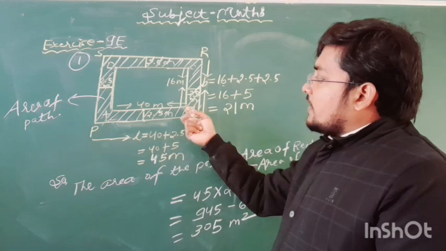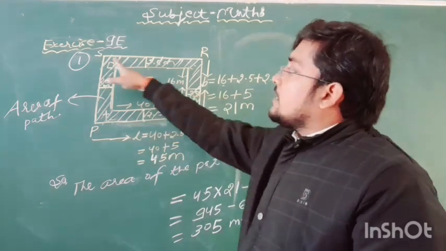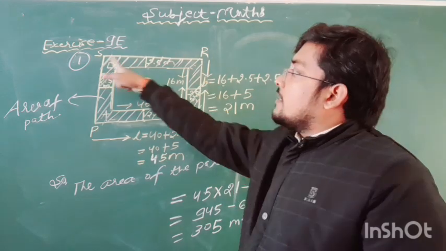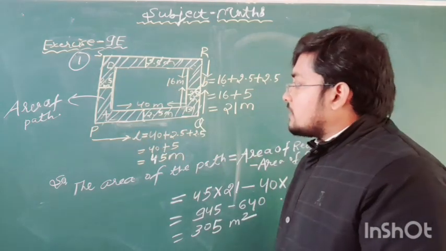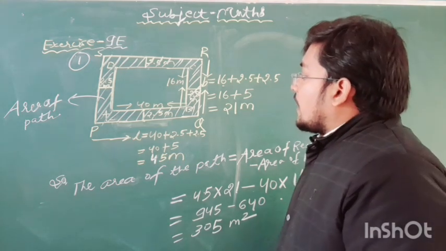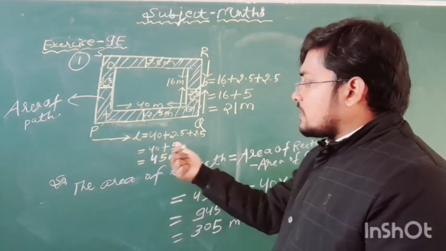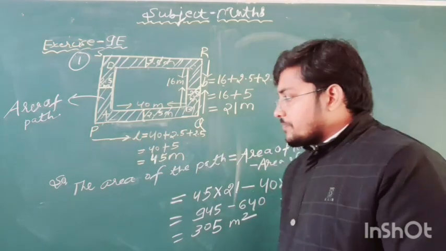So in the figure we have to calculate the area of the path, which is the shaded region. Area of the shaded region, or area of the path. So we first calculate the length of the new rectangle PQRS.